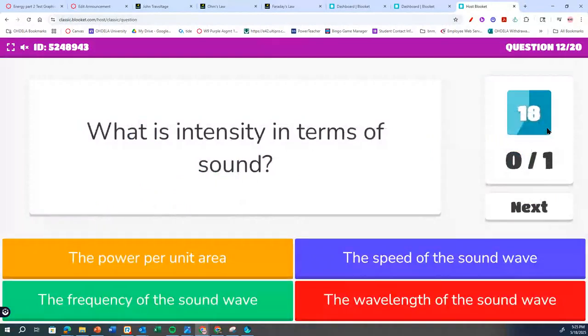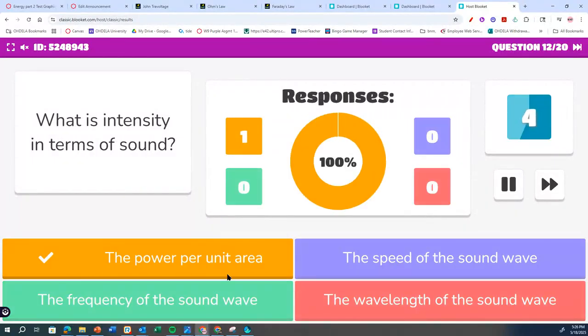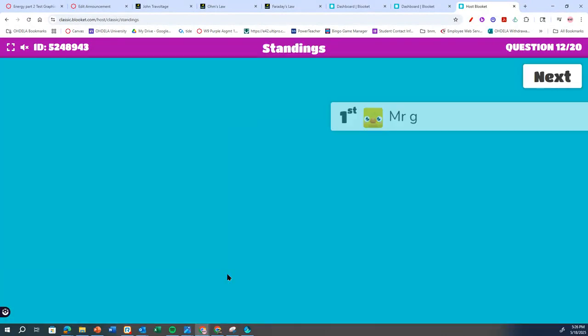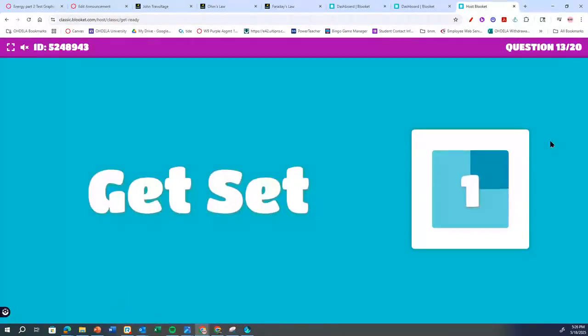What is the intensity in terms of sound? The intensity of sound is the power per unit time, unit area, I should say. We list that in terms of watts, or we can list that in decibels as well.